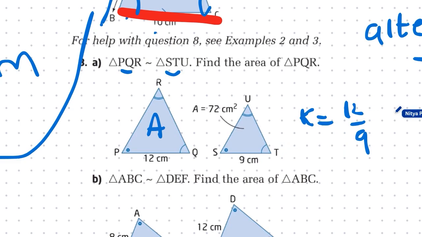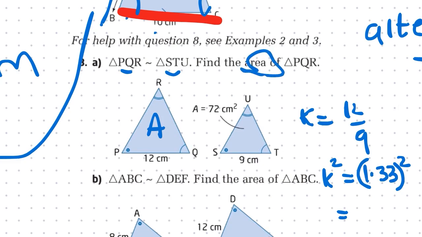So k square will be ratio of what area? 1.33 squared, right?